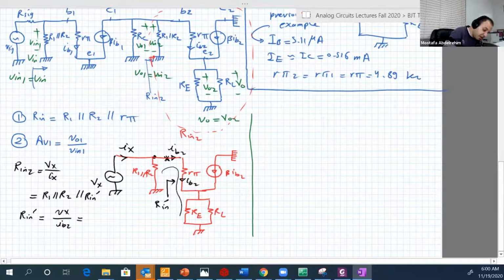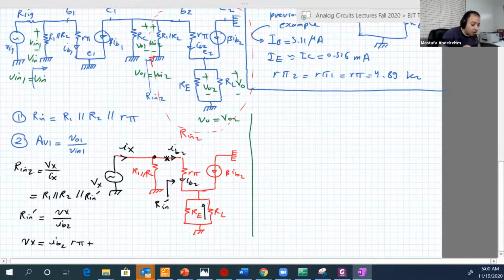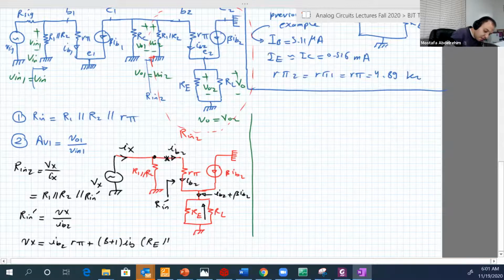So from that loop here, Vx is IB2 R pi plus the voltage across RL or RE, the voltage across the parallel combination. Remember, the parallel combination has a current which is IB2 plus beta IB2. So beta plus 1 IB2 multiplied by RE parallel RL.